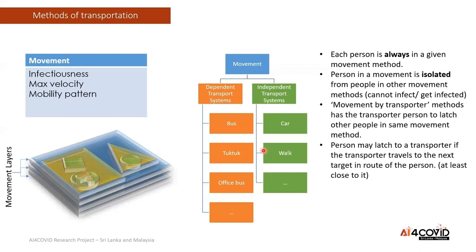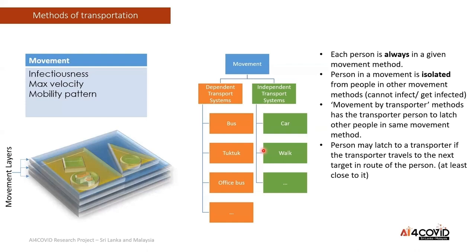Therefore, we can add different parameters that affect disease spread, like infectiousness, the social distancing inside the bus, the hygiene of people inside these transport systems, and different capacities in the transport systems.